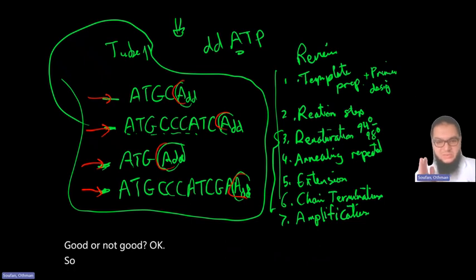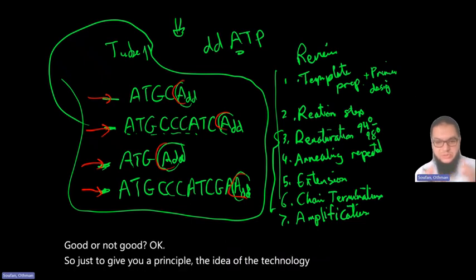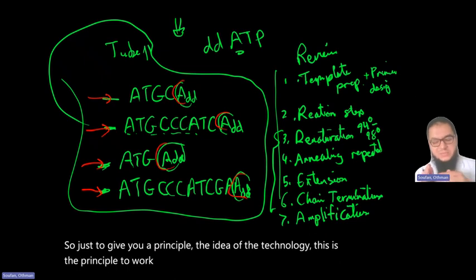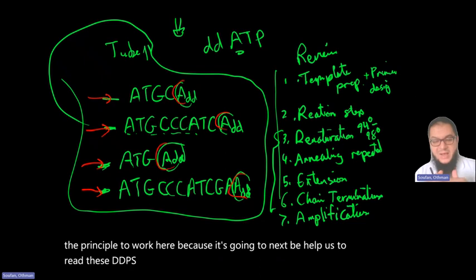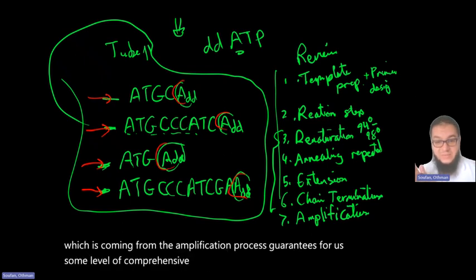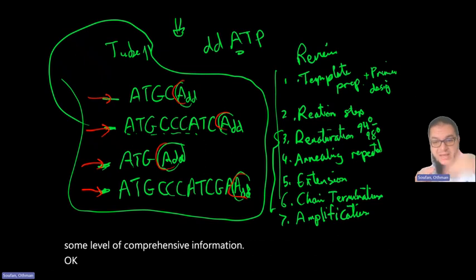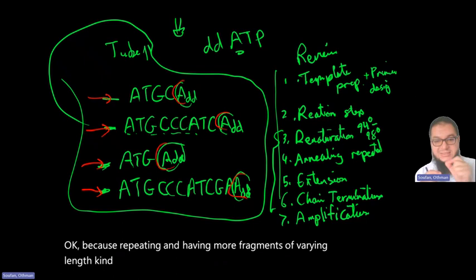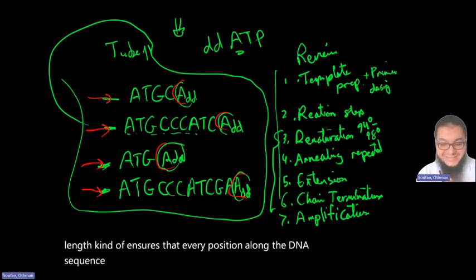So just to give you a principle, the idea of the technology, this is the principle to work here because it's going to next help us to read these ddNTPs. But for now, having these multiple fragments, which come from the amplification process, guarantees for us some level of comprehensive information. Because repeating and having more fragments of varying length ensures that every position along the DNA sequence is sampled and identified.